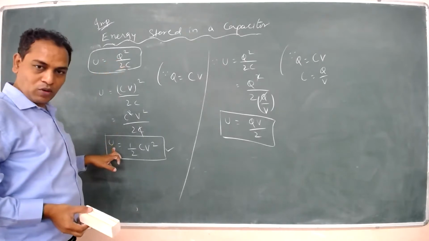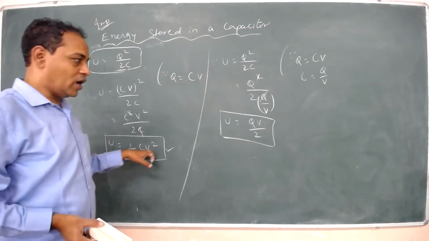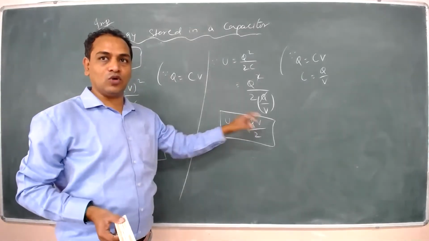So this is the energy formula in terms of charge and capacitor, this is the same energy in terms of capacitor and voltage, and this is the same energy in terms of charge and voltage.